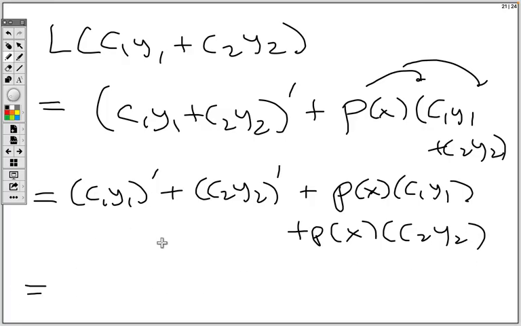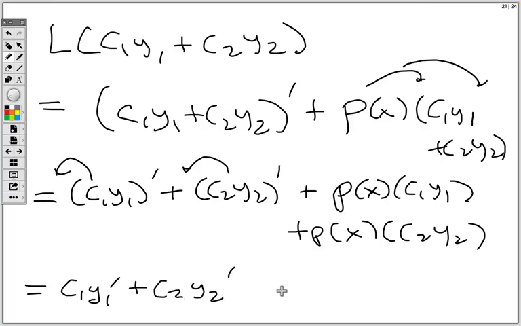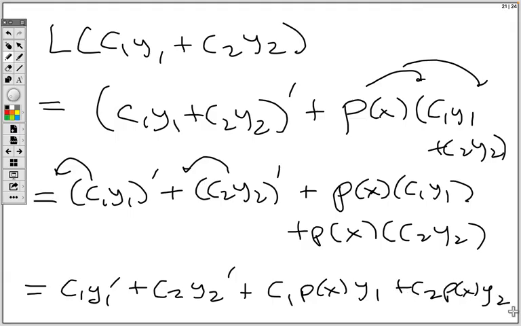And now I can use the constant multiple rule for derivatives and move these constants out front. c1 y1 prime plus c2 y2 prime. And I can also rearrange these constants. c1 p of x y1 plus c2 p of x y2. So that would be the result of plugging that linear combination into that linear transformation.